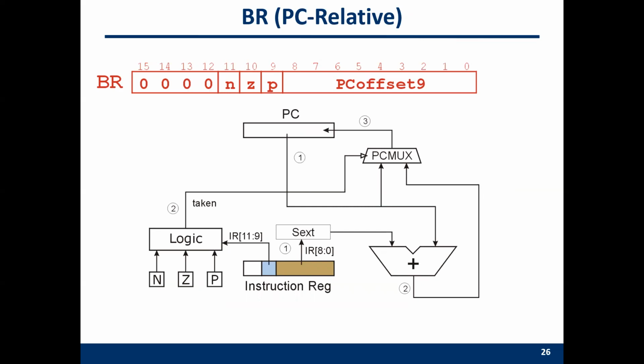And then it will use this signal as a select signal for this mux. And the two inputs of this mux are the PC plus offset, or just PC plus one. PC plus one indicates, okay, I will sequentially run my code. PC plus the offset means jump.